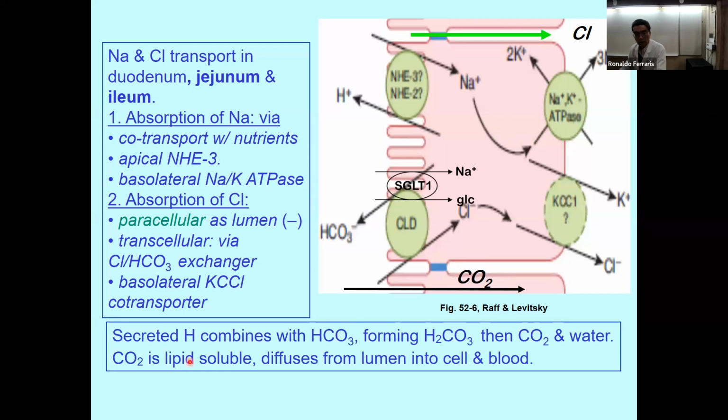Now the bicarbonate would combine with the proton to make carbonic acid, and then carbonic acid splits into water and CO2. CO2 is lipid soluble actually, and it just goes through the membrane. This is part of what forms gas in your GI tract.